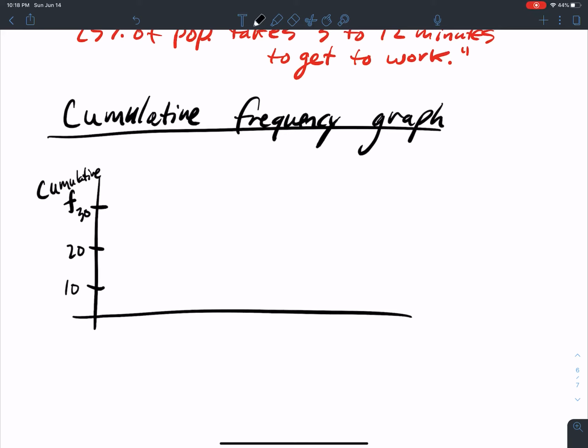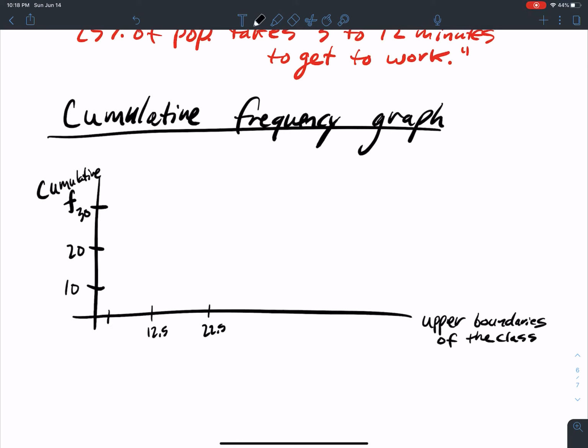All right? Now, the horizontal axis, these are the upper boundaries of the class. Okay, so you think about the upper boundaries of the class. The first upper boundary, I believe, was 12.5, right? And then it was 22.5.